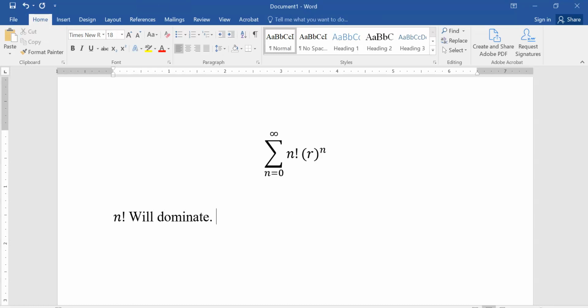So n factorial will dominate. It is in the numerator, no matter how you write this infinite series. So the series will diverge as long as r is not 0.